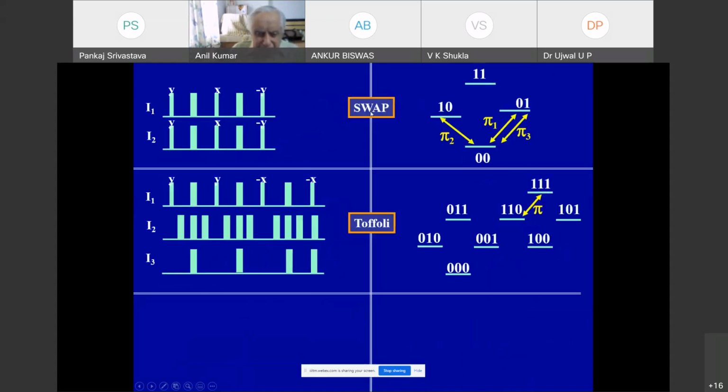Actually, this is the swap gate, the one which launched us into quantum computing. What had happened is Kavita was my senior student, and we were looking for new ideas to work with. I suggested to her that she read a chapter on transition selective pulses in Ernst's book.